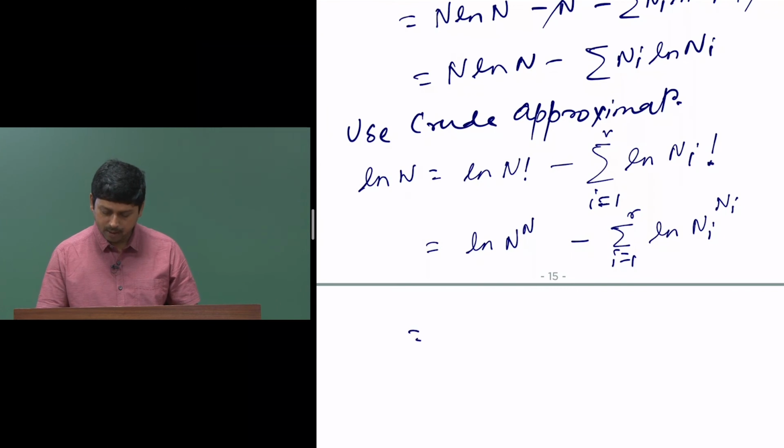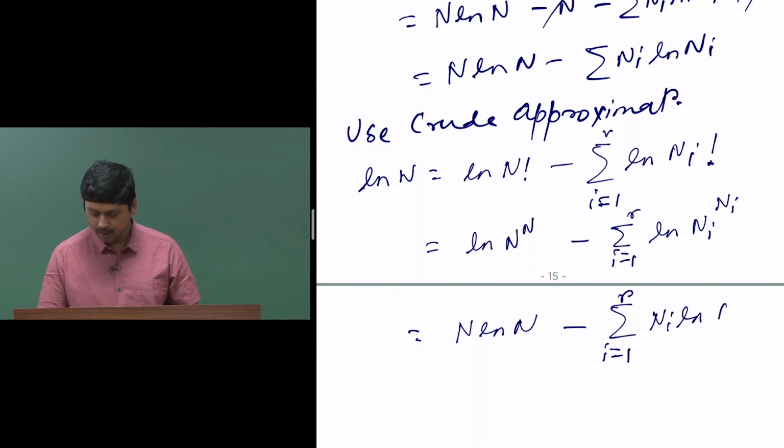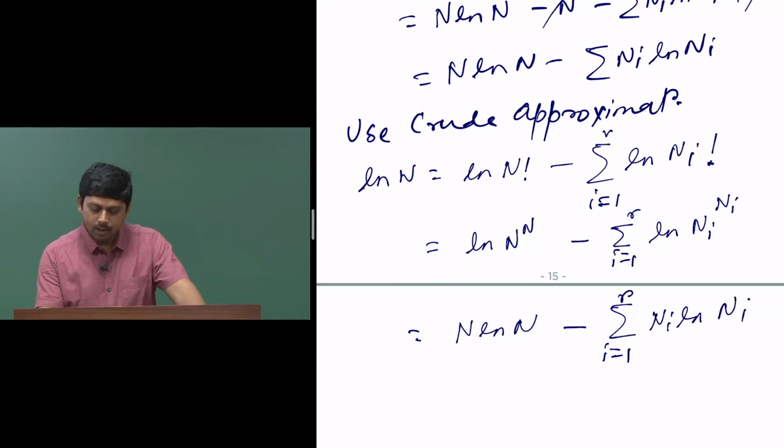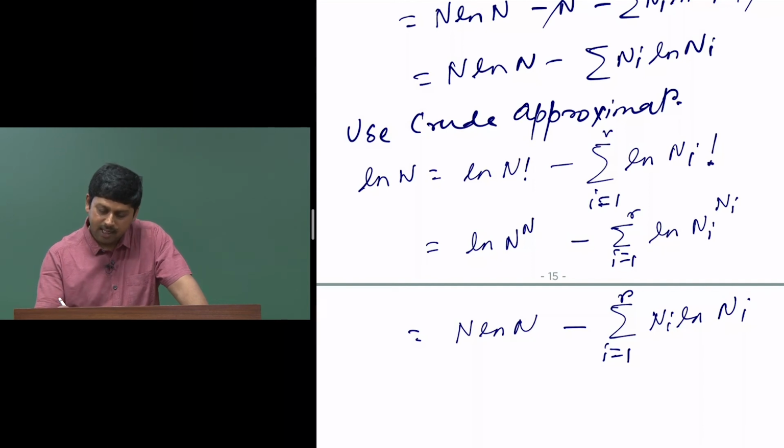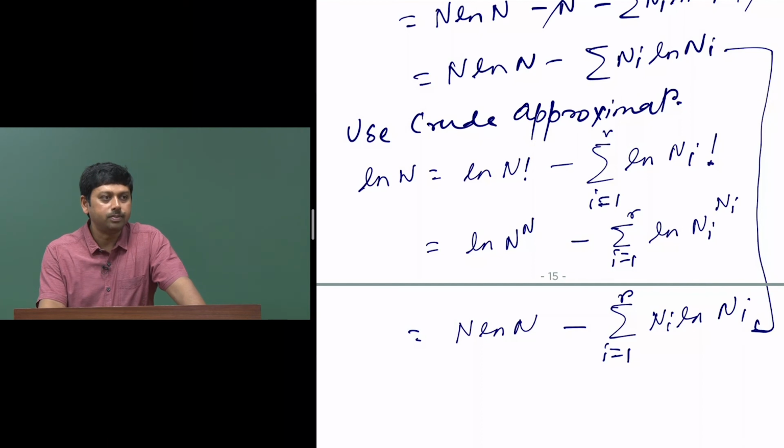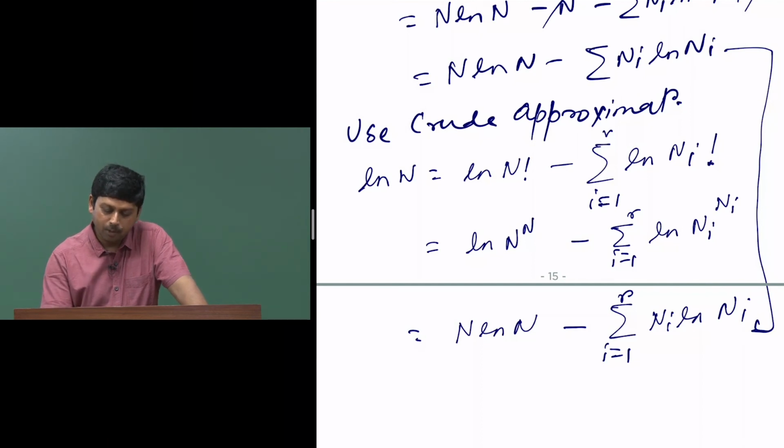Once we do that, we can write n ln n minus sum over i equal to 1 to r ni ln ni. Now, you can see that this cruder approximation is exactly same as the Stirling's approximation for ln W. So, Stirling's approximation gave us n ln n minus sum over ni ln ni, cruder approximation gave us exactly the same thing. So, therefore, this cruder approximation would perfectly be all right.